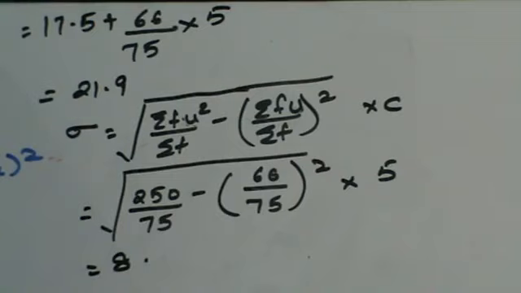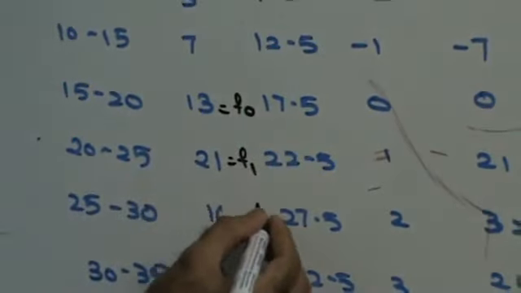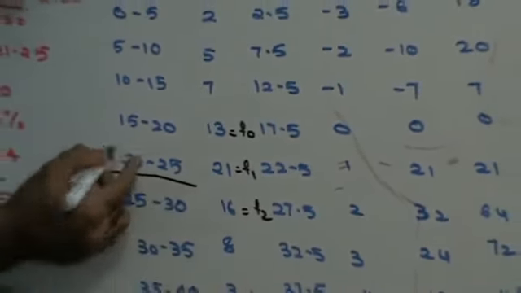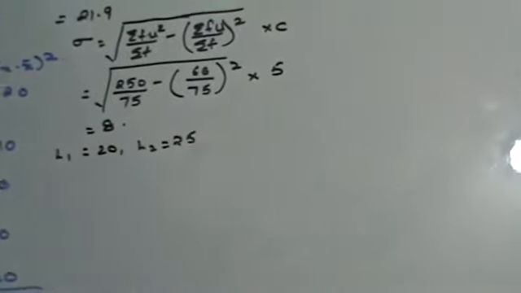Then mode. Guys, can you please see the table? The largest number here is f1. The number above that is f0, the number below that is f2. So this is going to be my modal class. In that case, I can therefore say that L1 is going to be 20 and L2 is going to be 25.